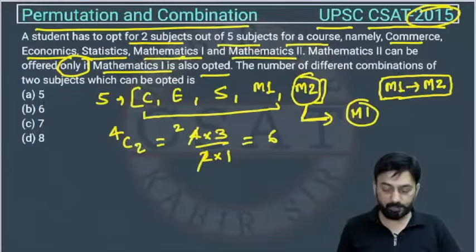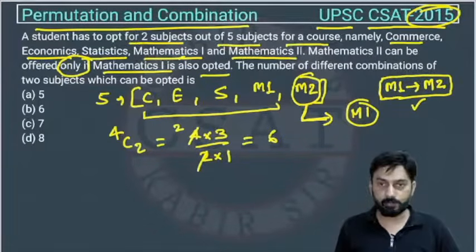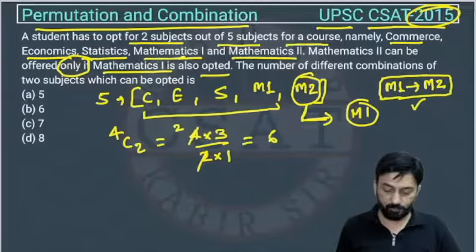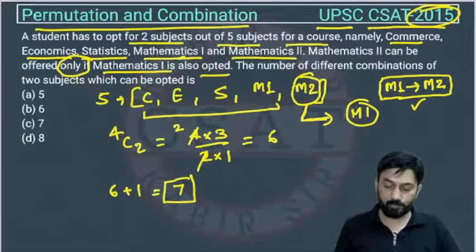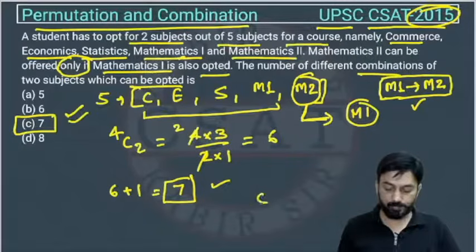So 6 possibilities are here out of these 4 subjects, and 1 possibility is from M2 with M1. So the total number of combinations of 2 subjects which can be opted is 6 plus 1, which is 7. So the answer is option C.